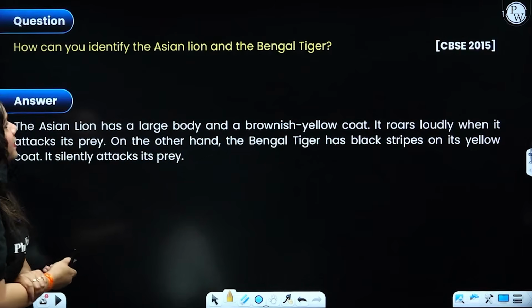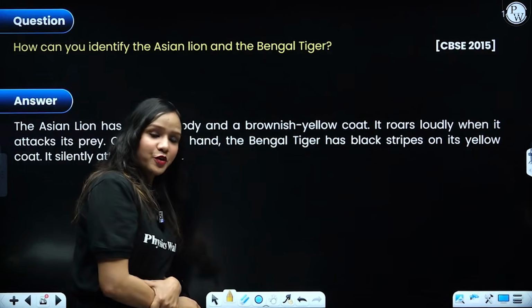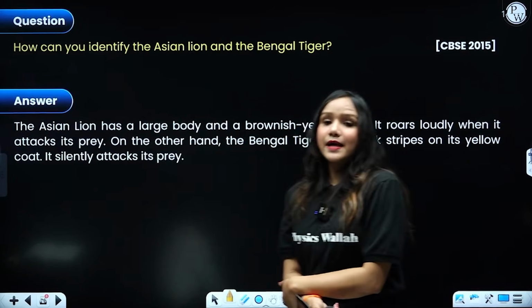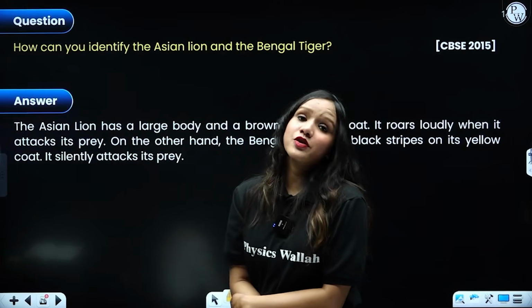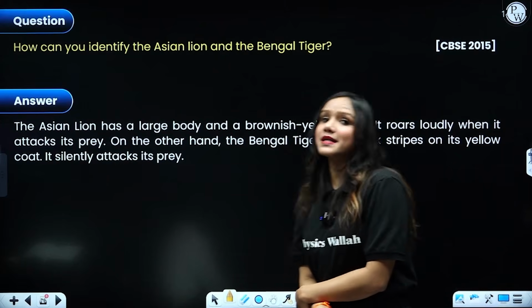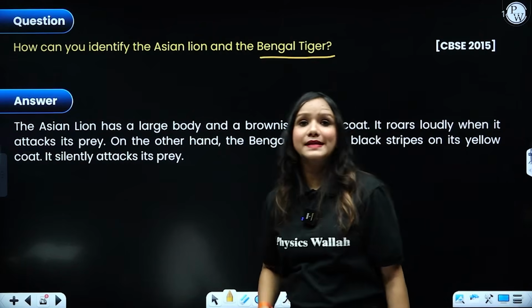So how can you identify the Asian lion and the Bengal tiger? Very, very simple and very important question at the same time. If you visit the eastern jungles, remember, if you are roaming in the eastern jungles and if you come across a beast there, remember it's the Asian lion. At the same time, what is a peculiar feature of a Bengal tiger?